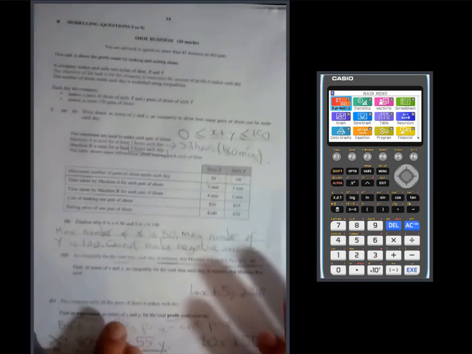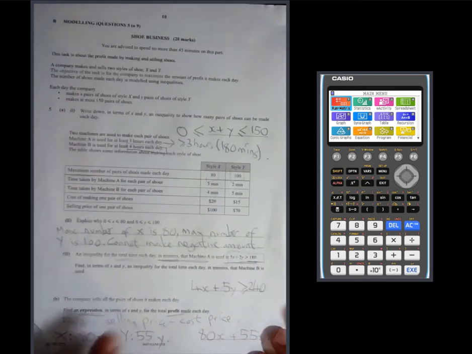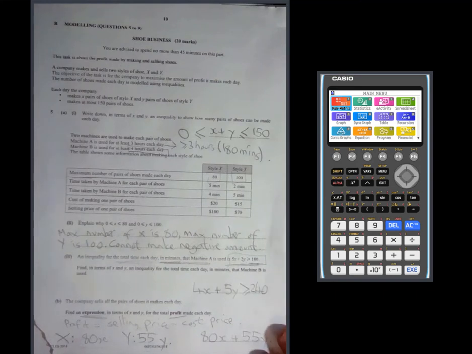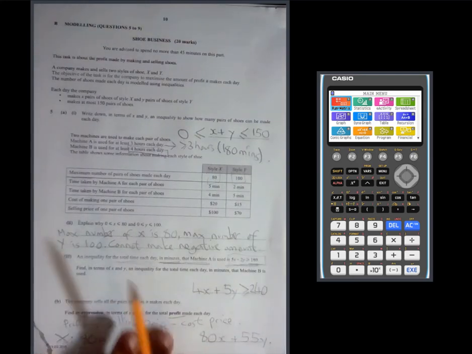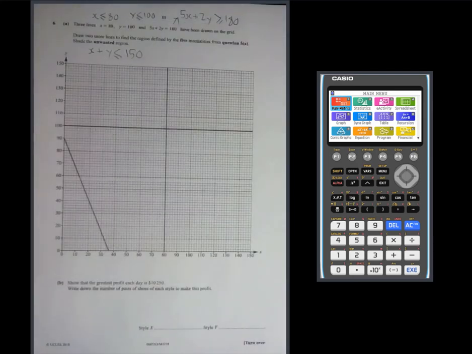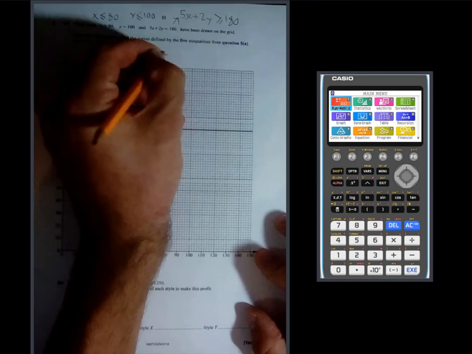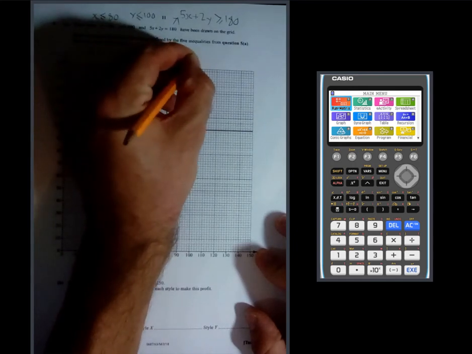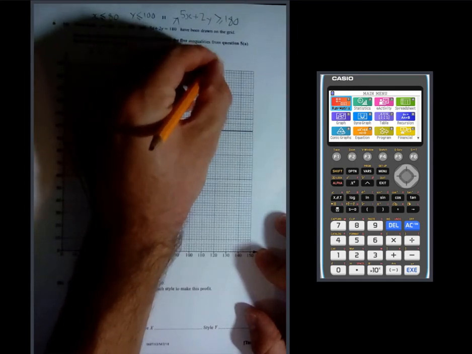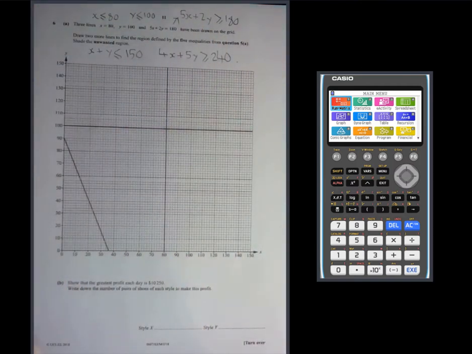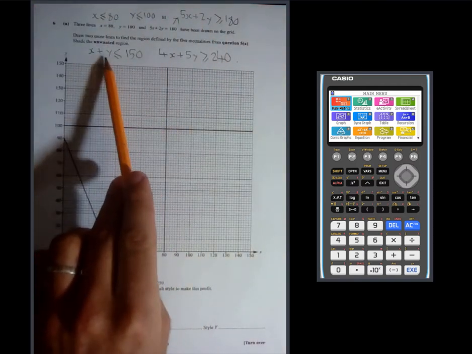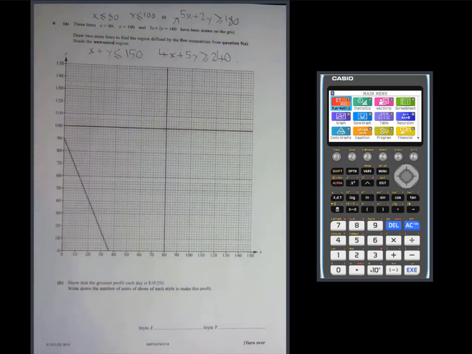And we also have the one for the total time on machine B that, remember, had to be at least 4 hours. So that was 4x plus 5y greater than or equal to 240. So we're going to have to draw these two lines here.